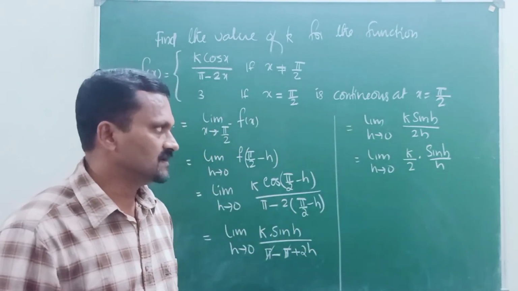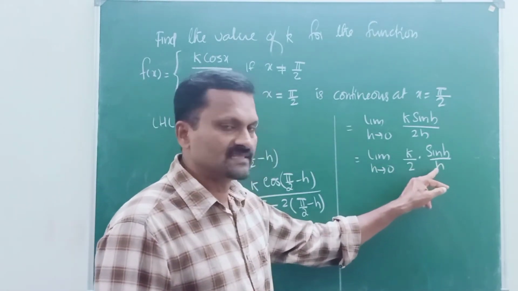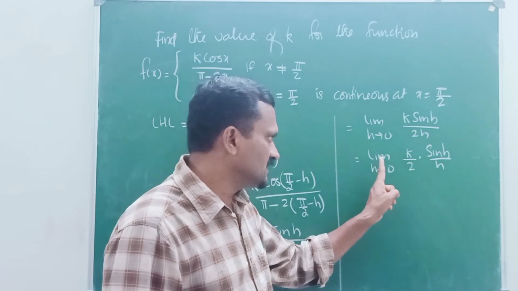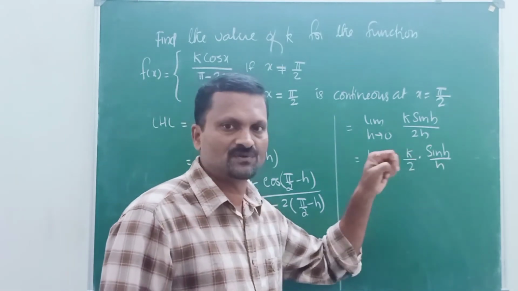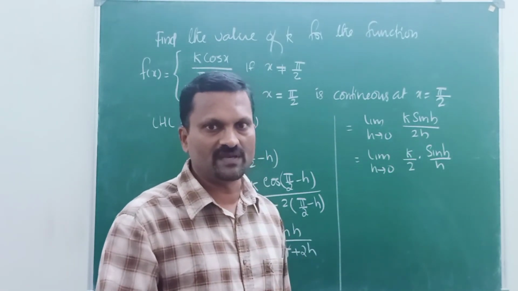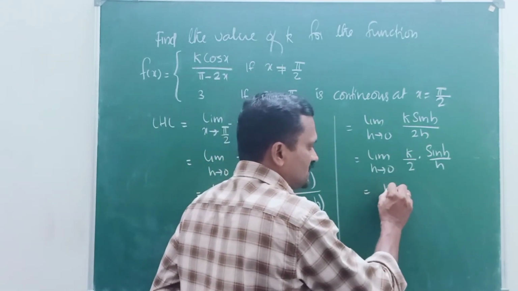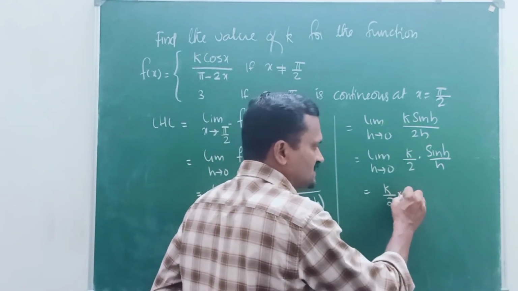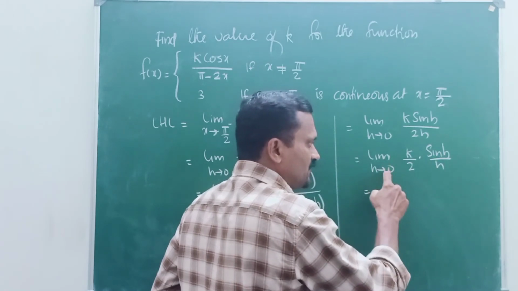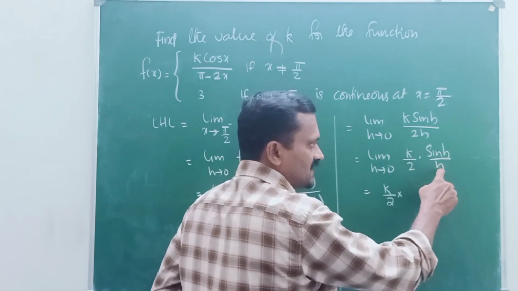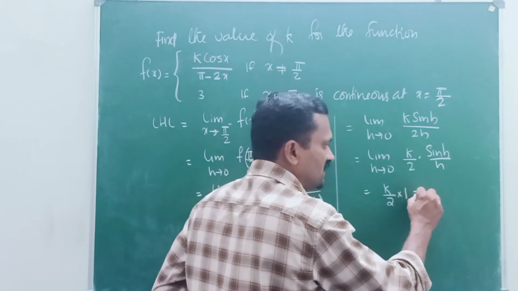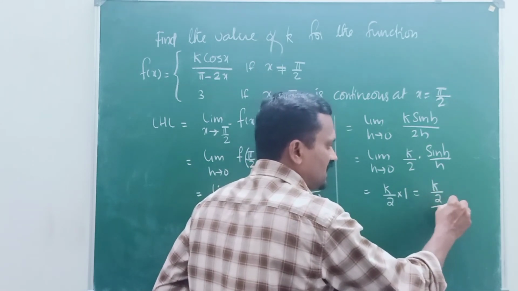In first year, you already discussed the algebra of limits, that is, limit of f into g is limit f into limit g. Here the first function is constant, so the limit is constant itself. Second one, limit h tends to 0 of sin h by h is 1, so the limit becomes k by 2.